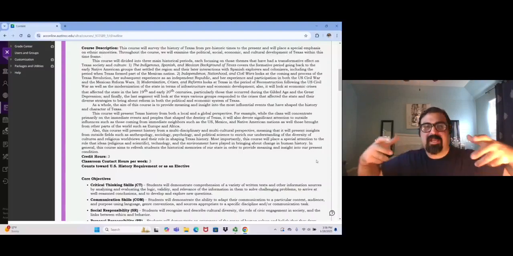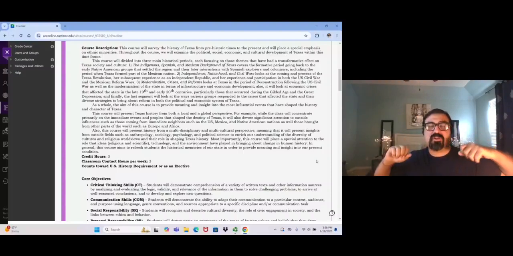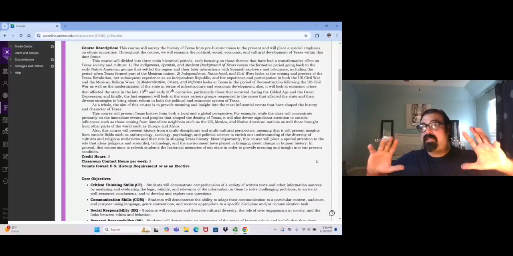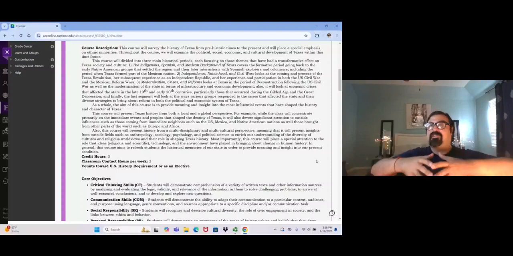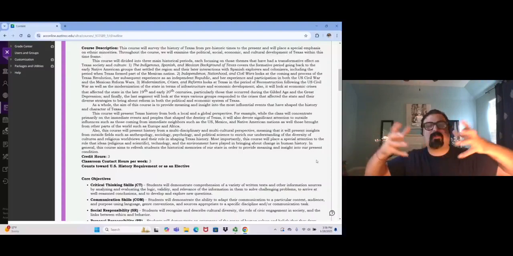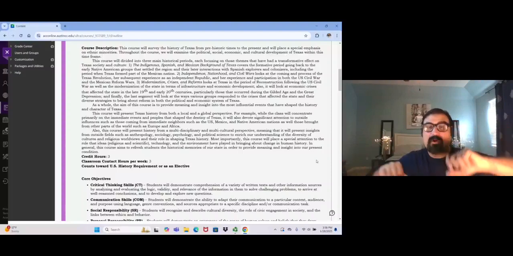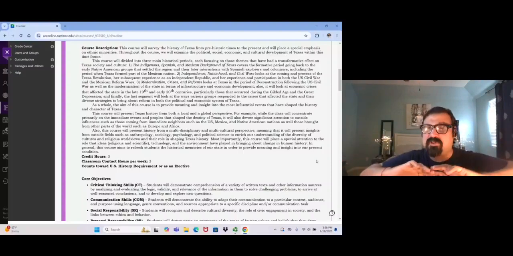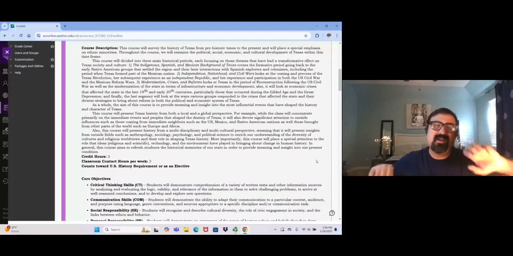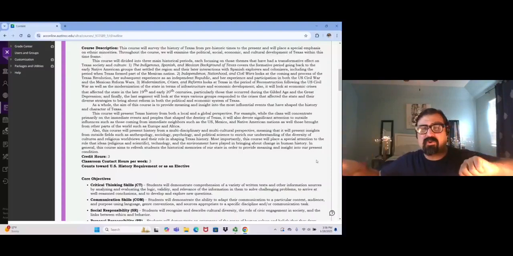We see the introduction of a capitalist system, the introduction of industry, meaning that now Texas is experiencing an industrial revolution. There is the massive expansion of railroads in Texas, the massive expansion of commercial enterprises, mining, agricultural businesses.